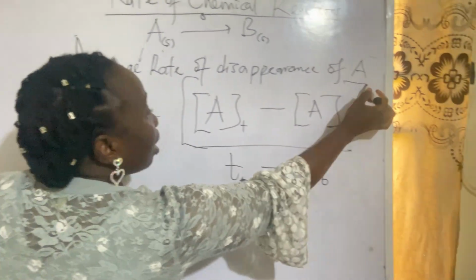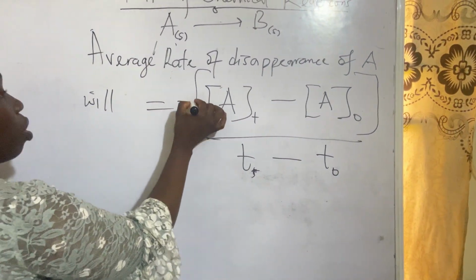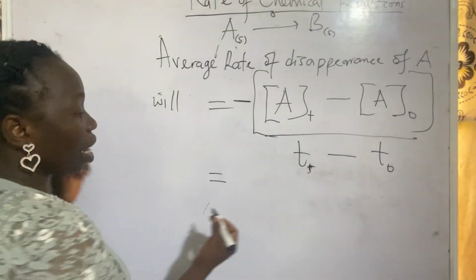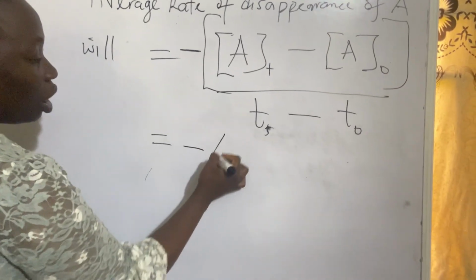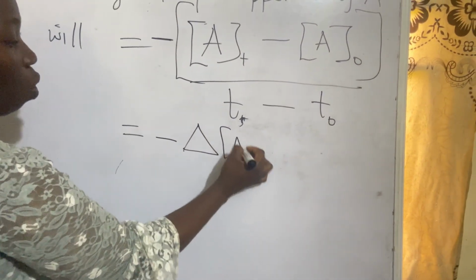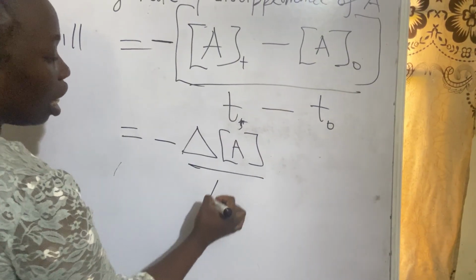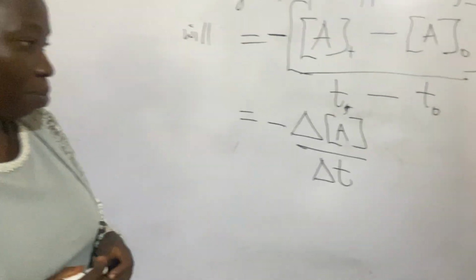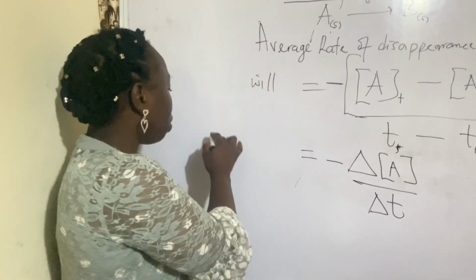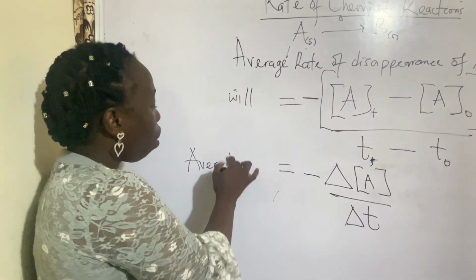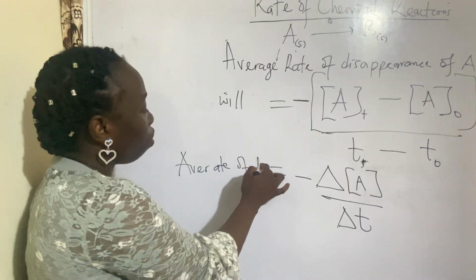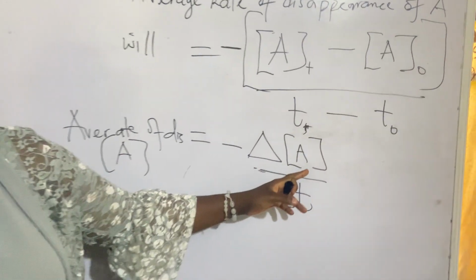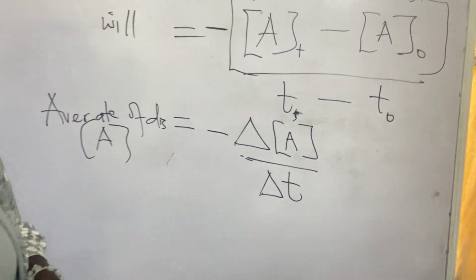But since we said it's disappearance, it becomes minus. So in general, it becomes minus change in the concentration of A all over change in time. So the average rate of disappearance of A will be minus change in the concentration of A all over change in time.